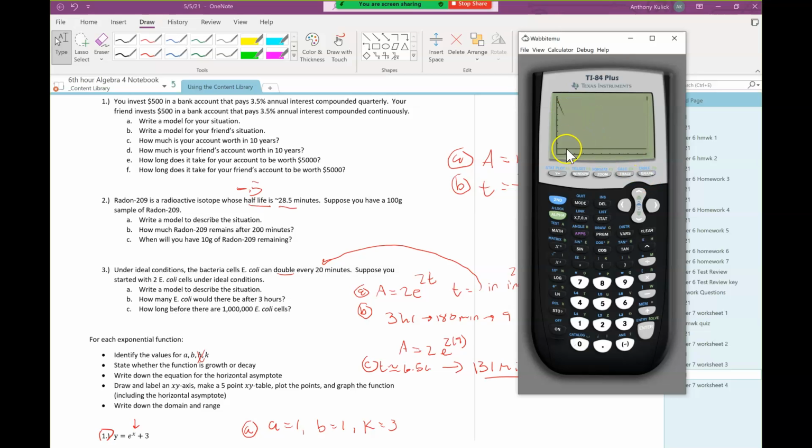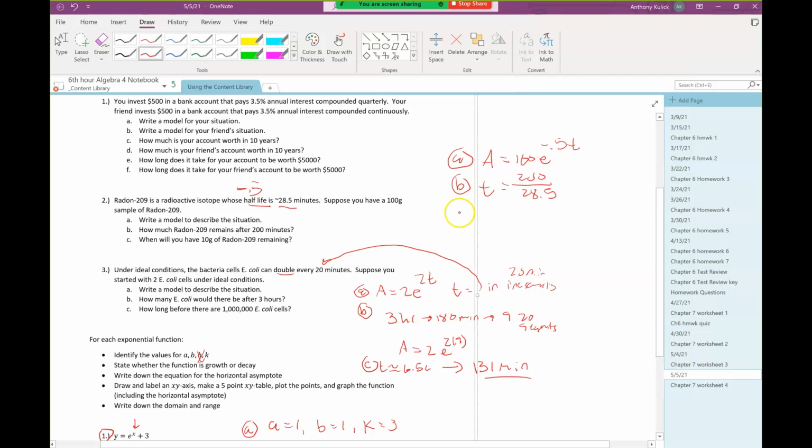So there's my 10. There's my decay function. So this is the spot right here that I want. So second trace, intersect, enter, enter, enter. So my t is 4.6.